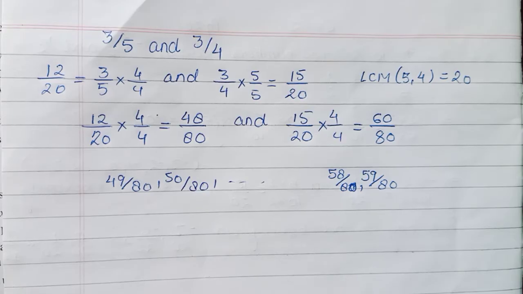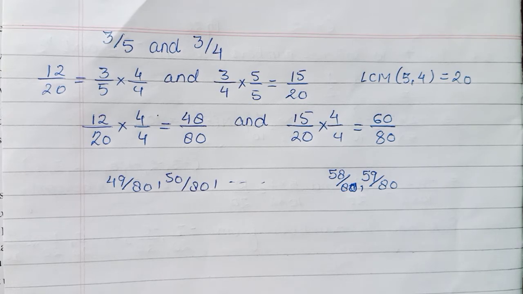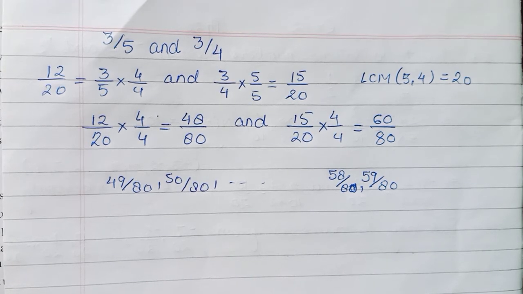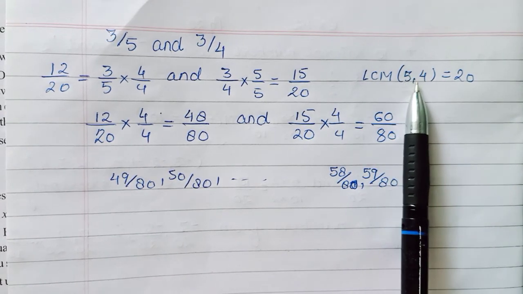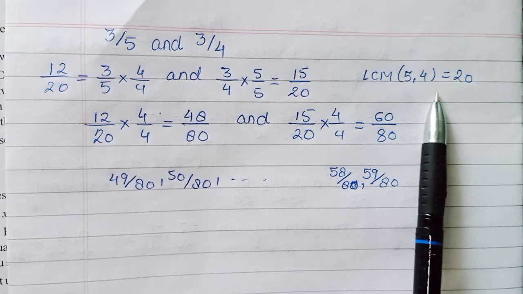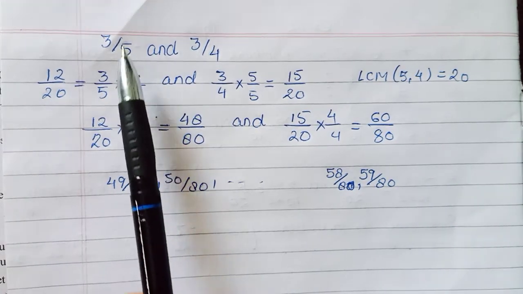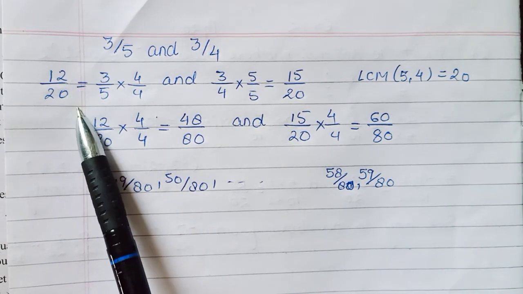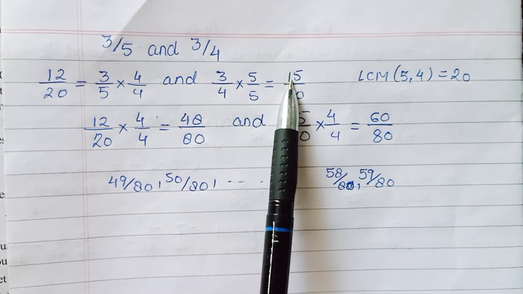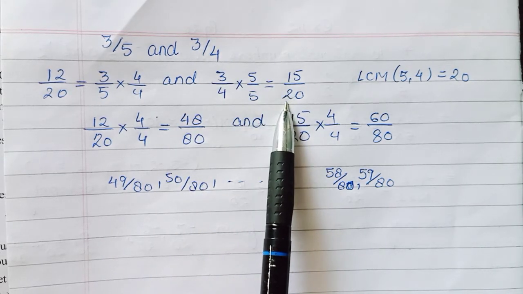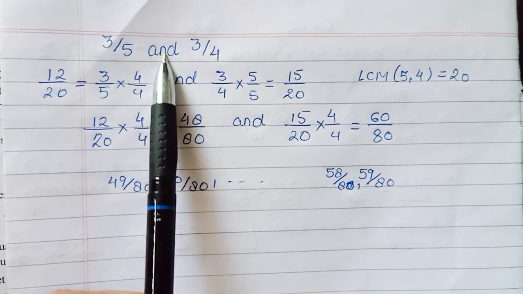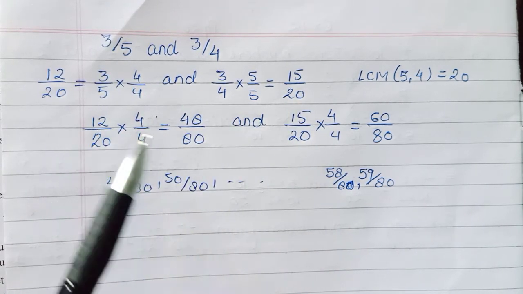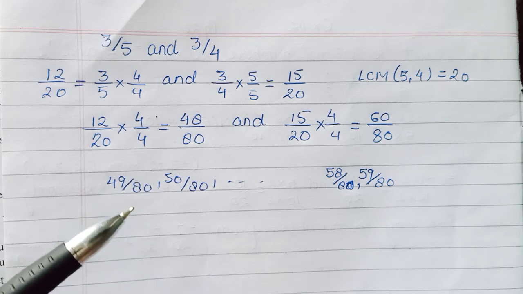Now taking one more example, question number 7, between 3 by 5 and 3 by 4. Again the same way, we've taken the LCM of the denominators, 5 and 4, which is 20. So this one has been increased 4 times. This number is equivalent to 12 upon 20 and this number becomes equivalent to 15 upon 20. Now between 12 and 15 you just have 13, 14, two numbers. But it has again asked for some 10 numbers.